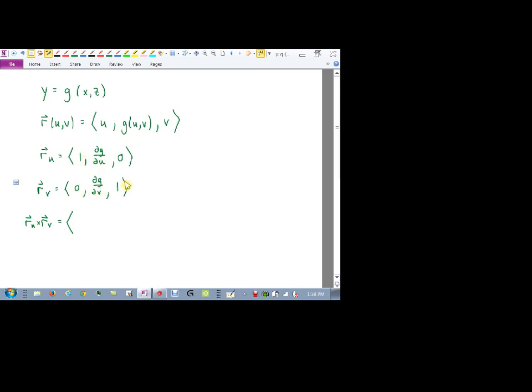We do this, right? And we should just get partial g with respect to u. Cover up the middle, we should get what? 1 times 1, but aren't we supposed to subtract? And then 0, so this will be negative 1. And then partial g with respect to v.